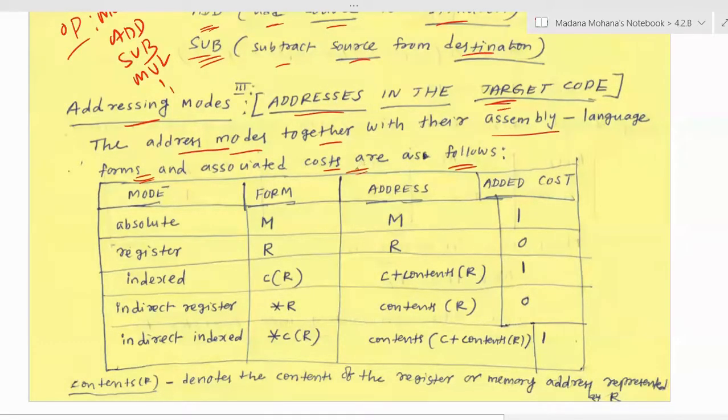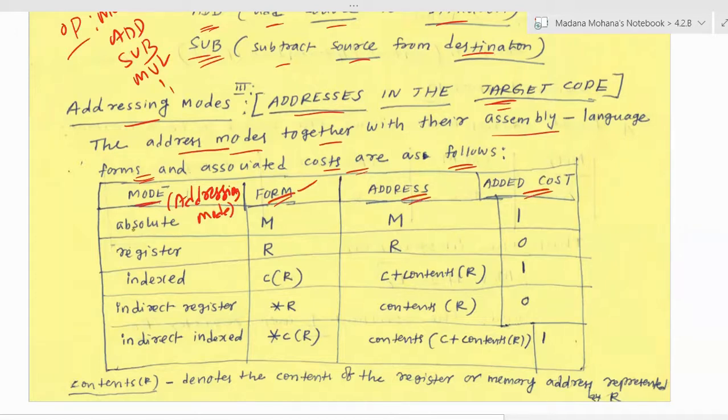This cost is very important during code generation, because we have to find the cost of the entire program. By finding the cost of each and every individual instruction, we find the overall program cost. First, what does the table contain? Mode, which is the type of addressing mode, then its form, then address, then added cost.